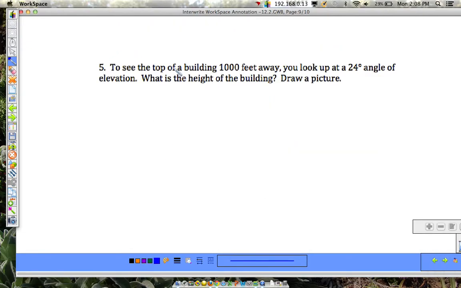This time, to see the top of a building 1,000 feet away. Whew, you're far away. Here's 1,000 feet. You look up at a 24-degree angle of elevation. So that means from the horizontal, you look up 24 degrees. 24 degrees will go right about there.